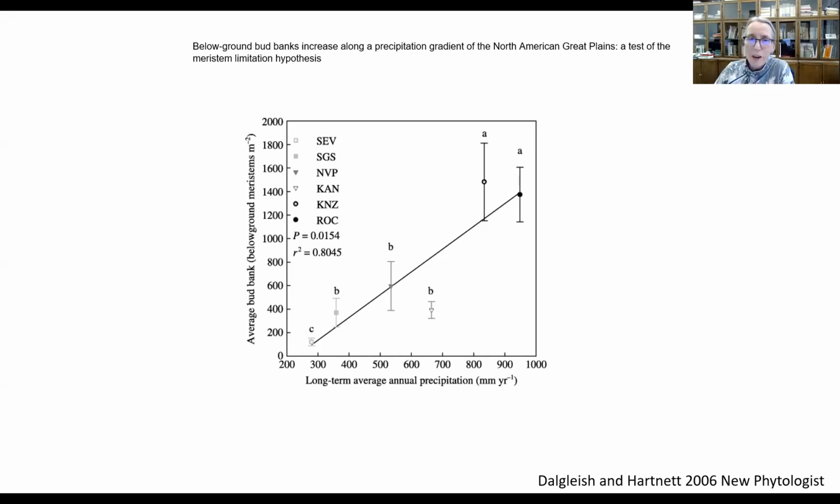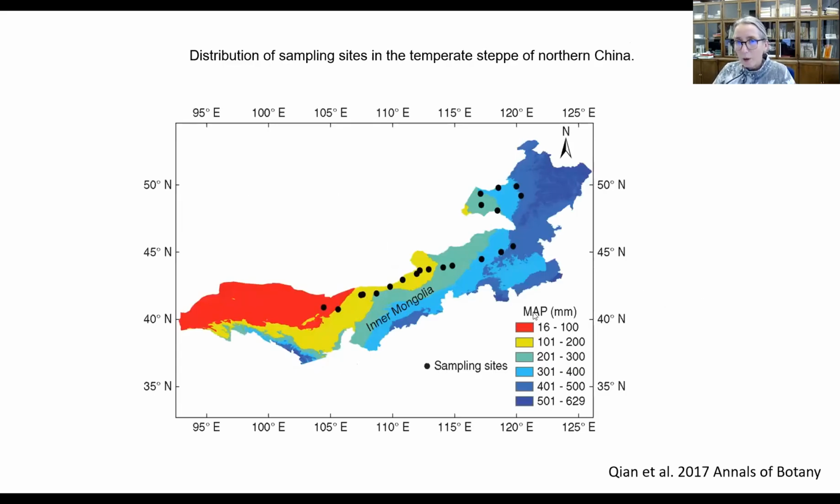So the variability in biomass production on this end of this aridity gradient is very high, whereas here is much, much lower. Example from Inner Mongolia, these points are sampling points. It is going from wet regions with 500 millimeters precipitation to Gobi Desert with less than 100 millimeters.